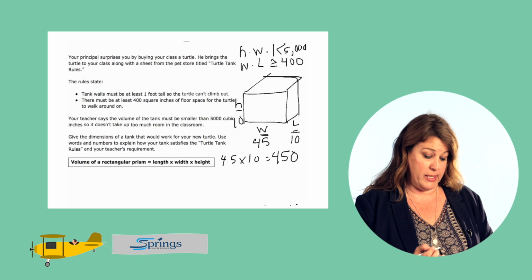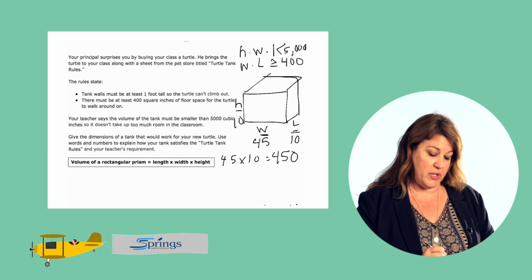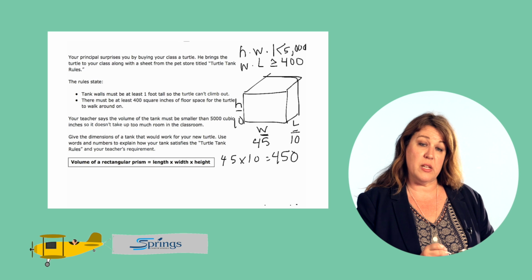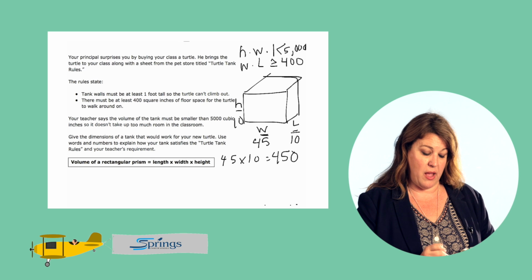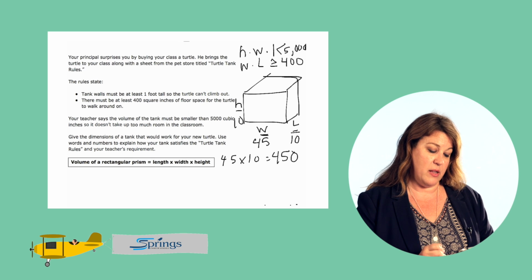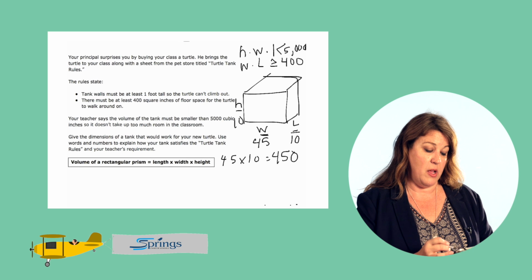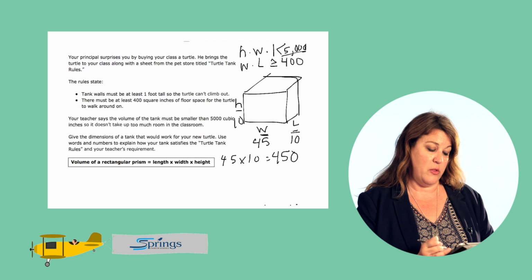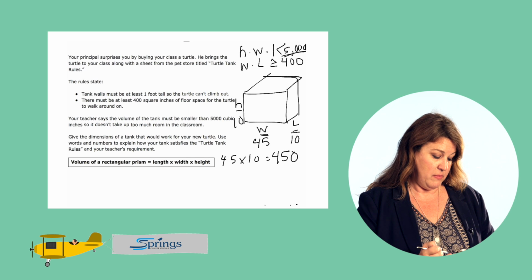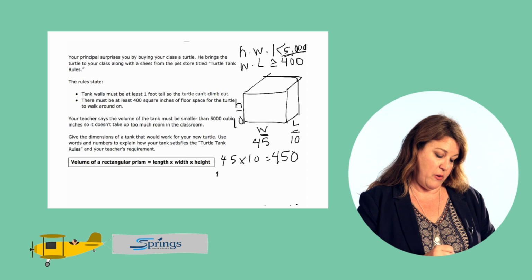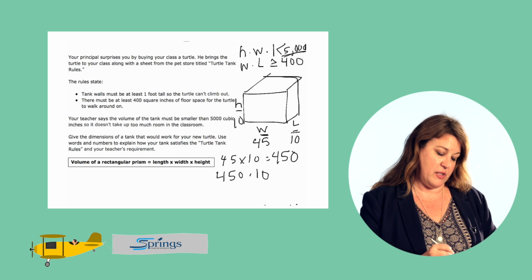It's easy to multiply by 10. So we have 450, which is equal to the width times the length, and we multiply that by the height, which is 10. Then we have 4,500, which is less than the requirement of 5,000 cubic inches. 450 times 10 is 4,500.